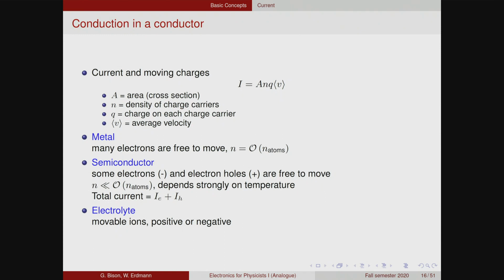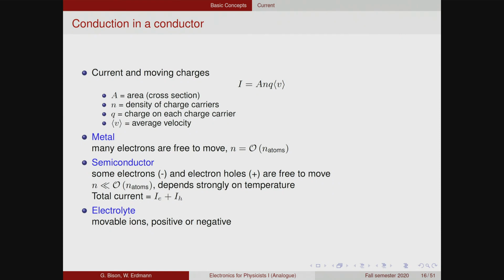And in a metal, the density of charges that we have is comparable to the density of atoms. So it's incredibly large. There's a huge amount of charges that can move, and if we get them to move, this already is a large current. In a semiconductor, some electrons can move, and some electron holes.